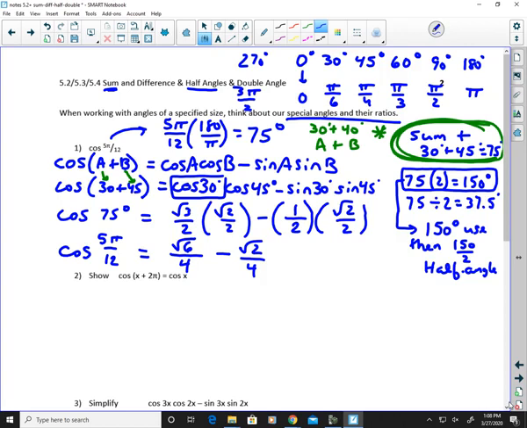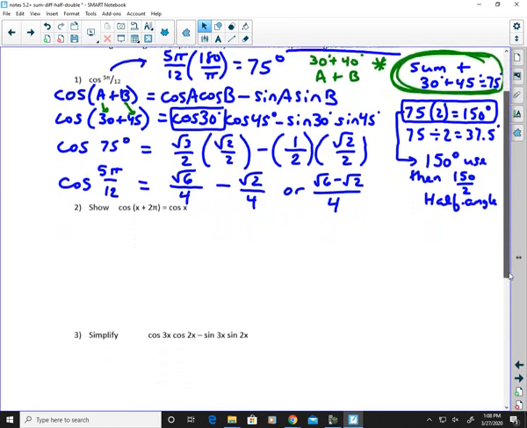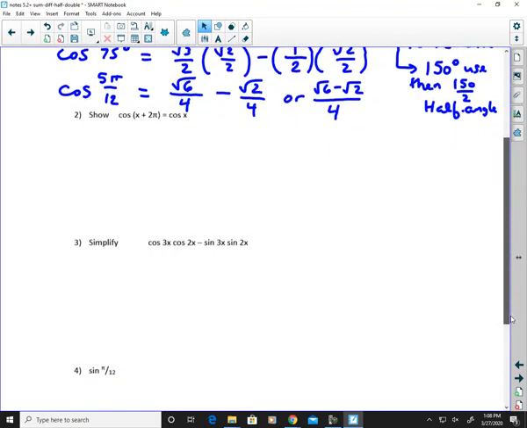The root 6 is protected from the 4, and the root 2 is not a like term. The back of the book may have combined these things with a common denominator because they both have a 4, and if that were the case, it would have been written as root 6 minus root 2 all over 4. So both of those are appropriate, and of course the order can be changed, but the negative does belong in front of the root 2.